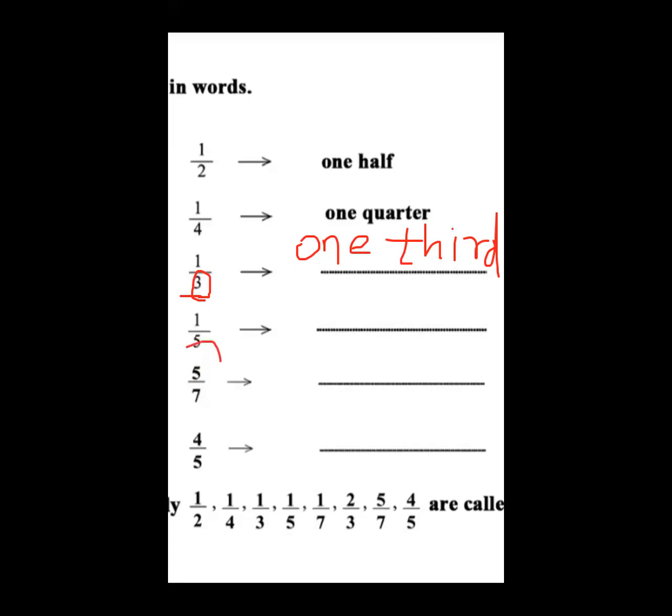When the upper part is 5 and the down part is 7, you have to add an s to that number. It means you write 5 sevenths. You have to add s to that word. I think you can understand.